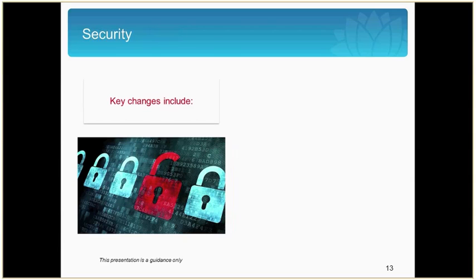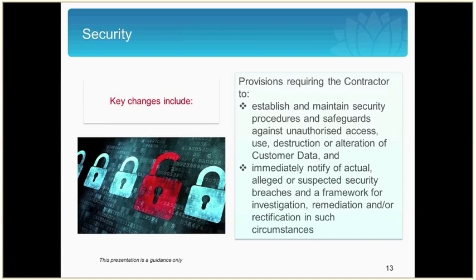Now, in relation to security, the key changes include the contractor must establish, maintain, enforce, and continuously improve safety and security procedures and safeguards against unauthorized access, use, destruction, loss or alteration of customer data and customers' other confidential information.